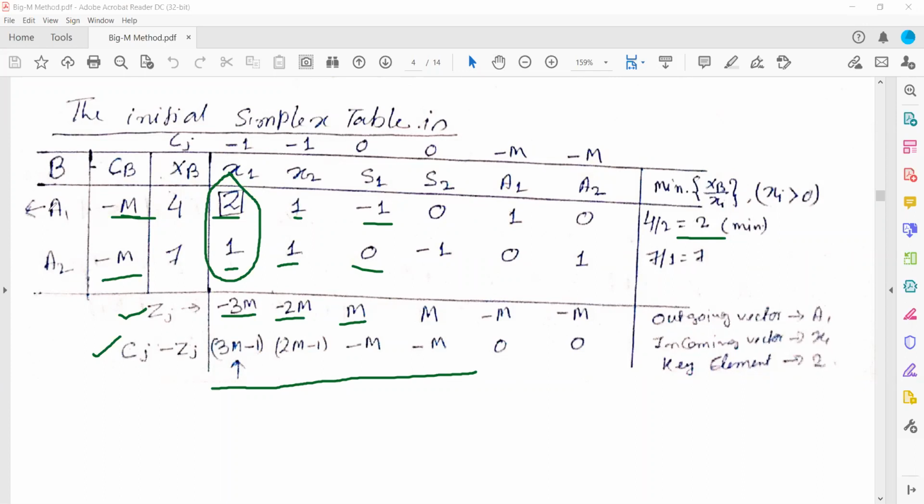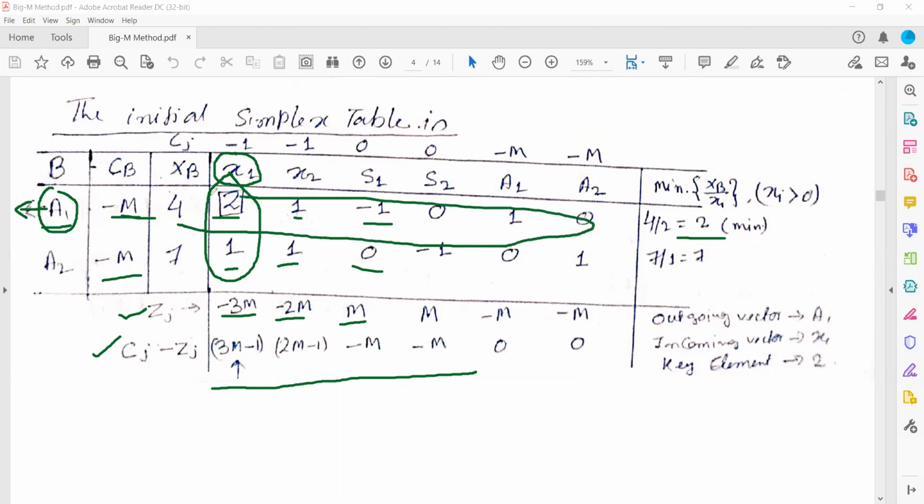So in that first row, this is the vector in the basic variable, so this will become your outgoing vector. And the incoming vector is the key column vector, which is your x1. So in the next simplex table, A1 will be replaced by X1.